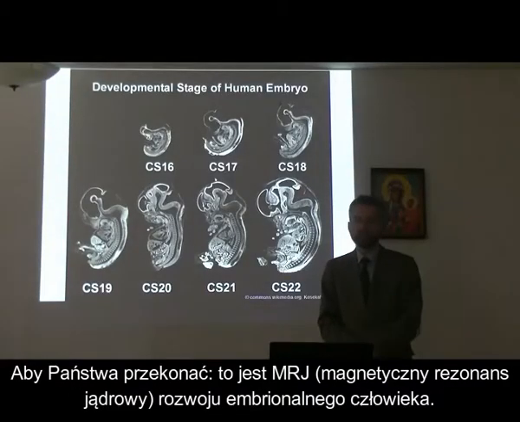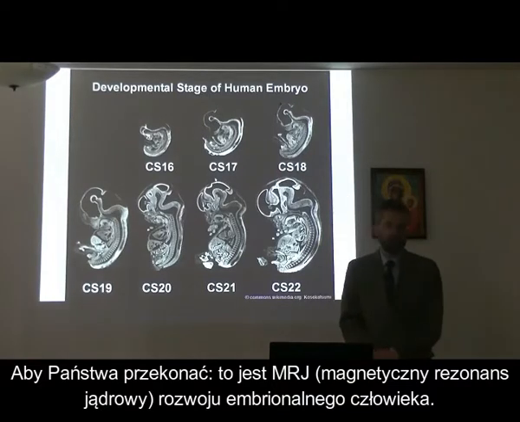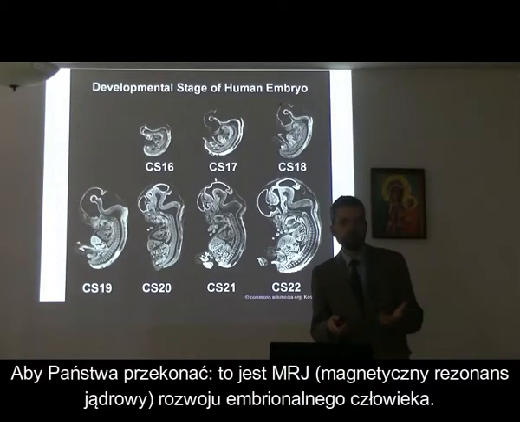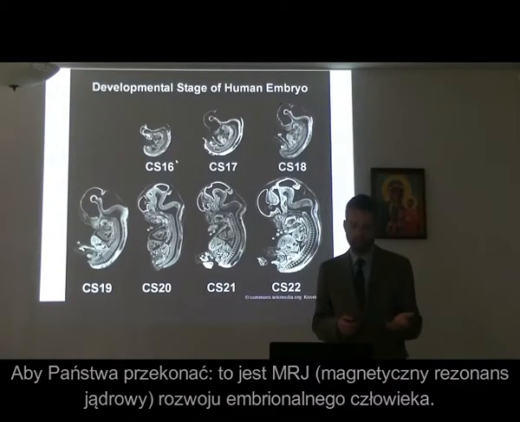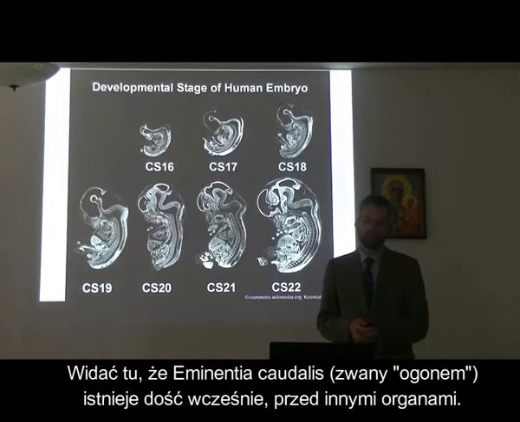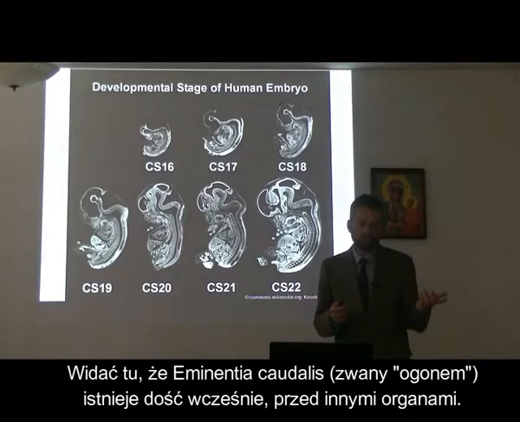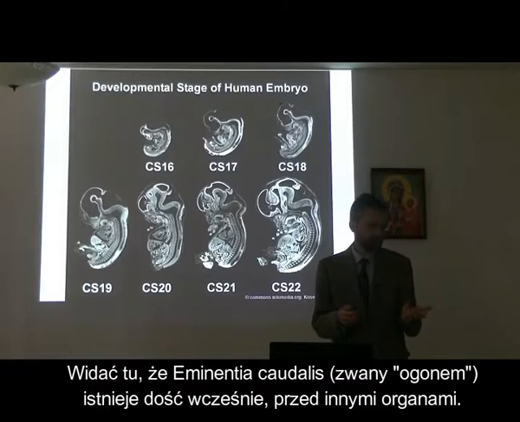And to convince yourself, this is an NMR, nuclear magnetic resonance image of the embryonic development of a human embryo. And you see here that the caudal eminence, which some people call a tail, exists already very early, before all the other organs exist.